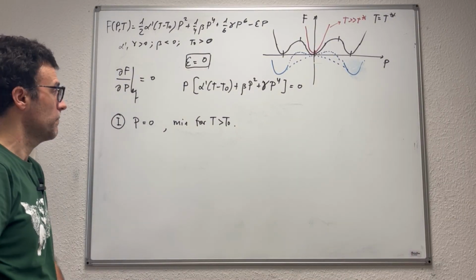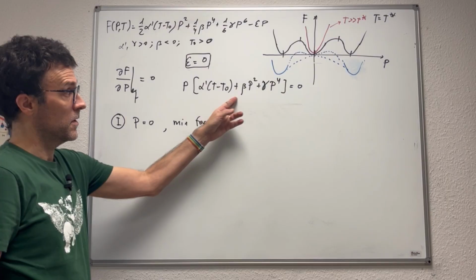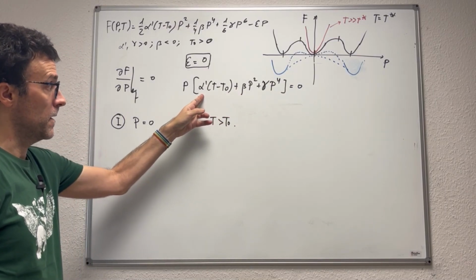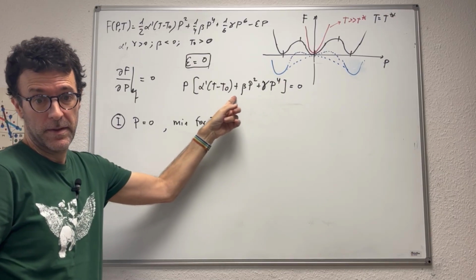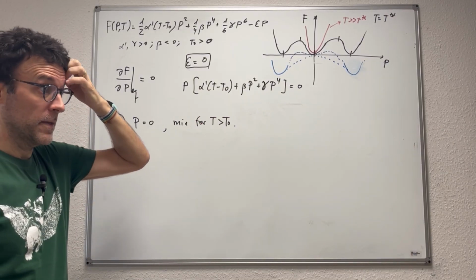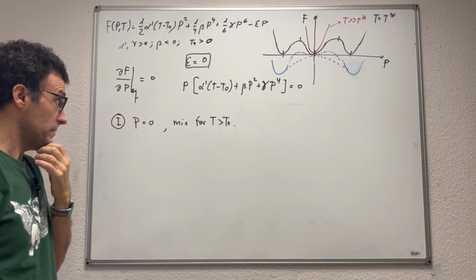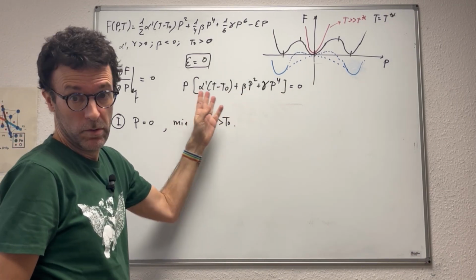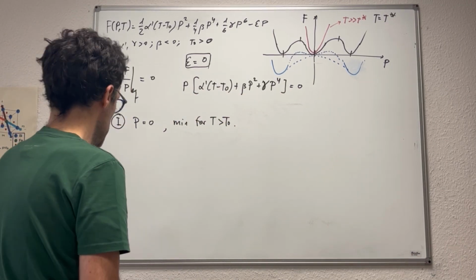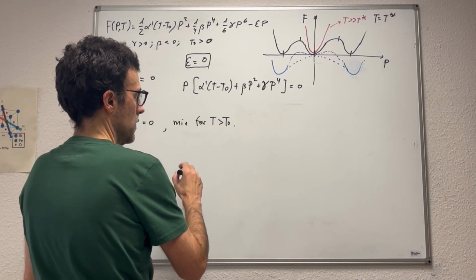All right. The other solutions are going to come from finding the values of the polarization where this parenthesis here, this expression, is 0, right? And so here, if we take p squared as our variable, then we know the analytical solution for that is something like this.